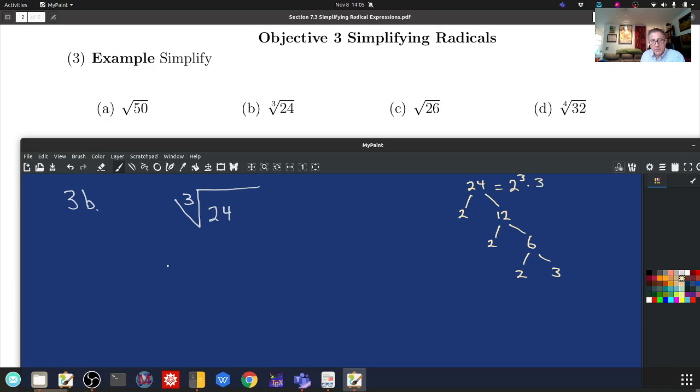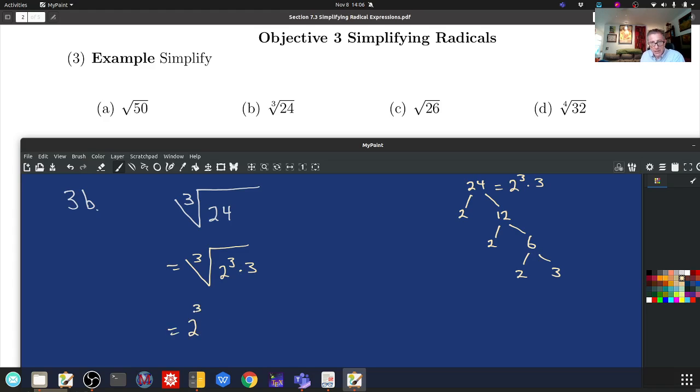So I'm going to write this as the third root of 2 to the third times 3. Here I have an exponent under the radical that is divisible by the index, so that means I can move it out from underneath the radical.